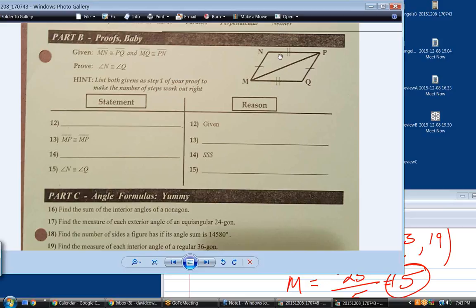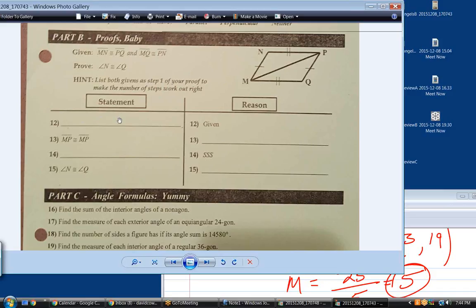And MQ is congruent to PN. They both have a double hash mark. Prove that angle N, this angle here, is congruent to this angle here. List both givens as step 1 of your proof. Okay?